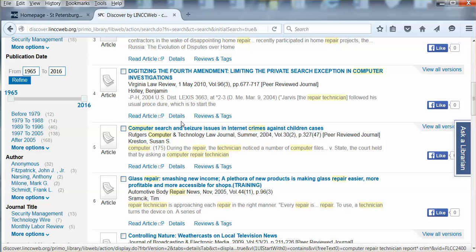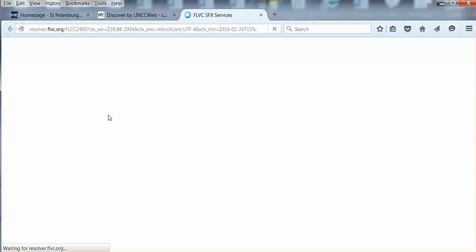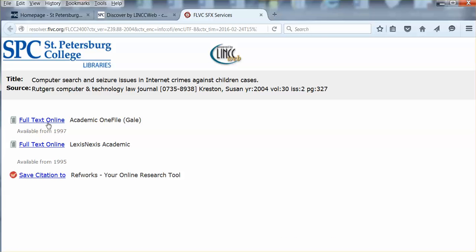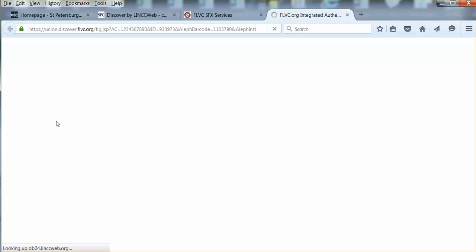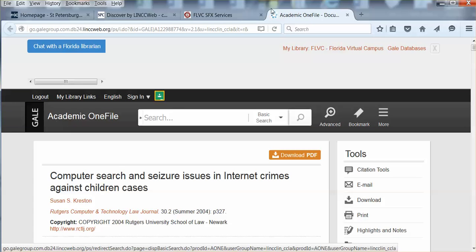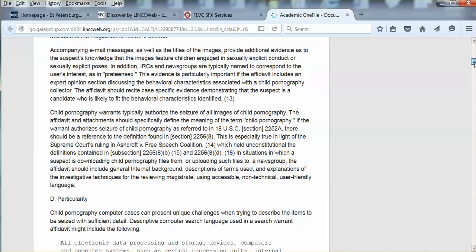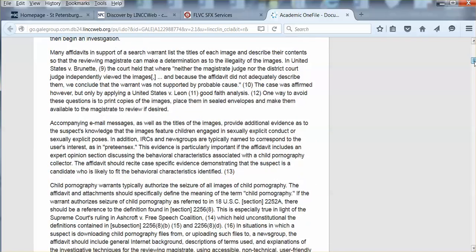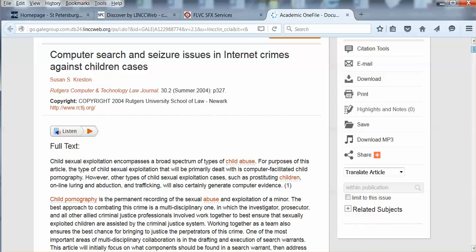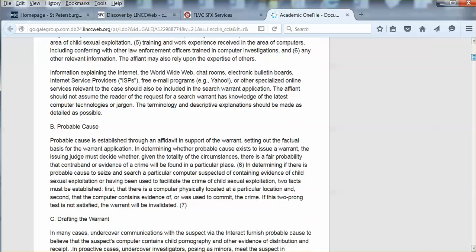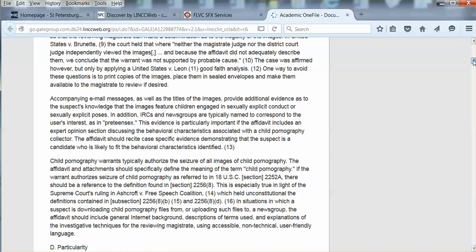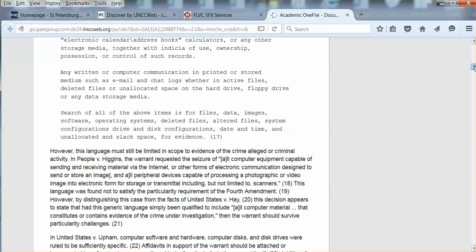I'm logged in through My Courses, so I should be able to access it. It is on LexisNexis, but also on Academic OneFile, which is easier to work with. So I'm going to click on that link. At that point, I should get the entire article. I read through it, and I'm seeing that this is a type of situation where finding child pornography on a computer creates some probable cause.